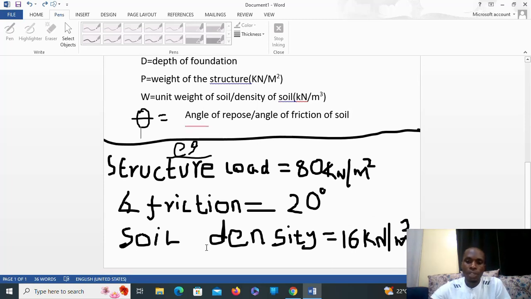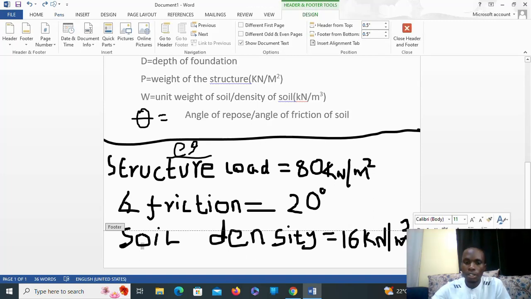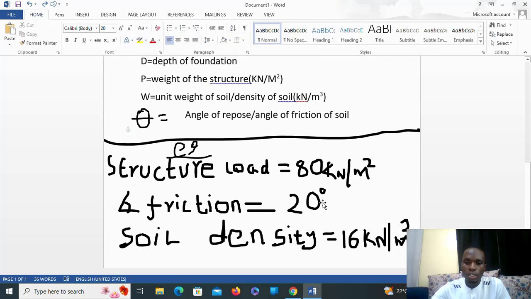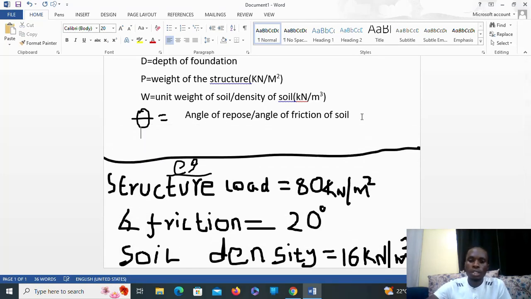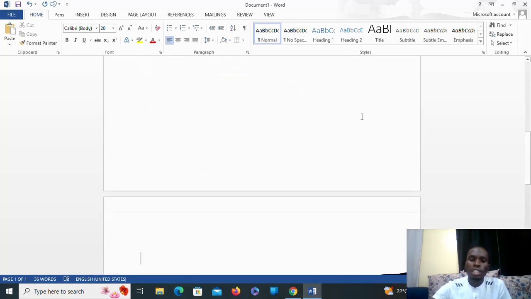So let's see how we can get the depth of the foundation.